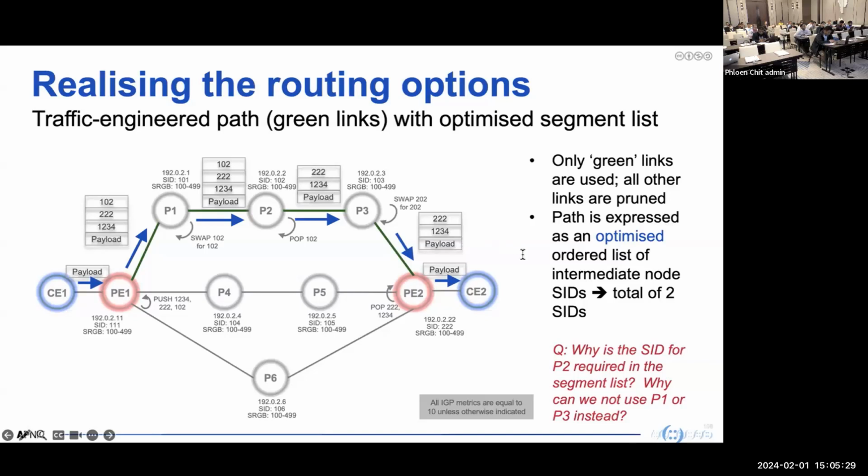Think about that. Why is the node SID of P2 required in the segment list? Why can't we remove P1 or P3? Can we keep P1 or P3 and then remove P2?